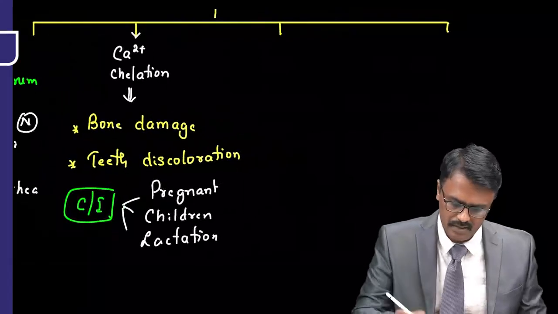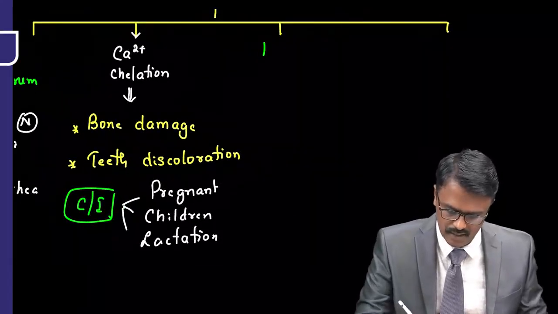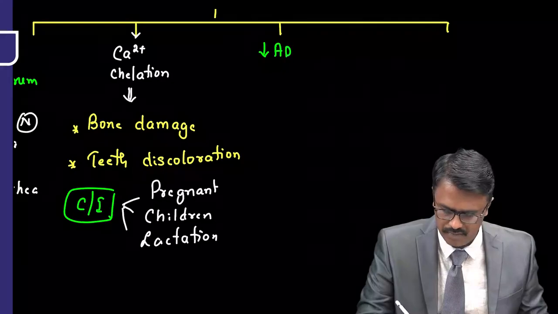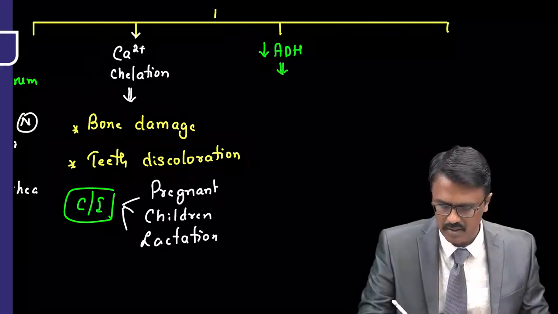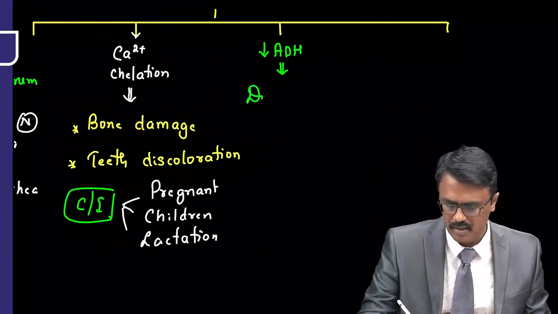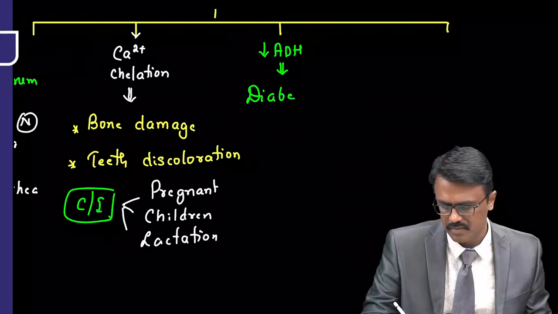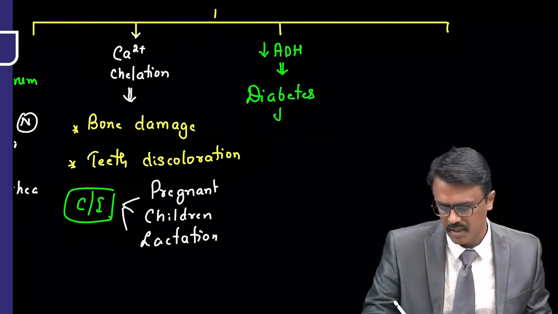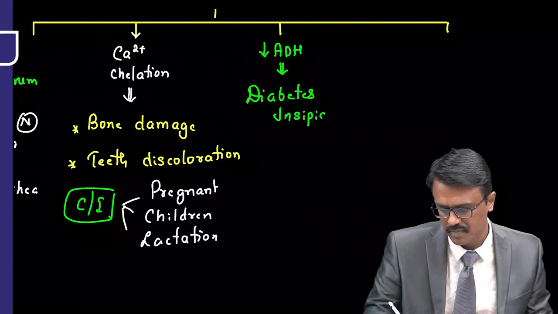The next important is this drug will decrease the activity of ADH. Now what happens when you decrease the activity of ADH? Obviously patient will develop diabetes insipidus.